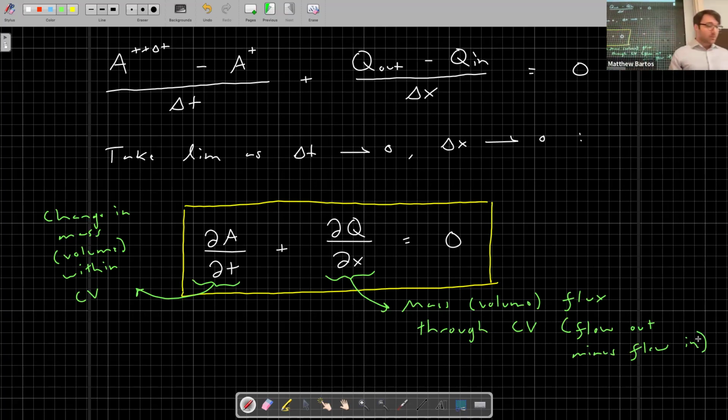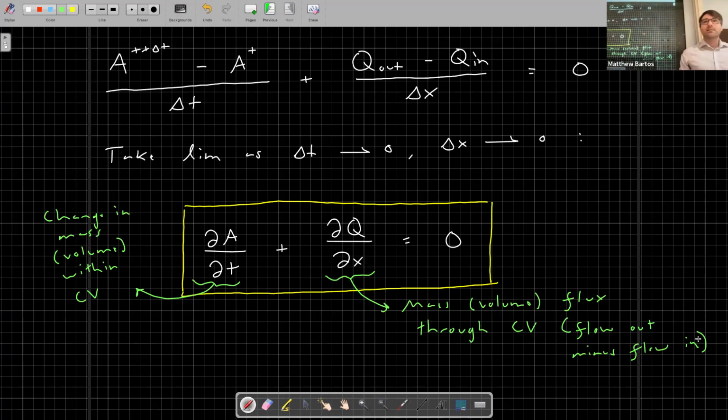So basically this equation states that the rate of change of fluid volume within our control volume has to equal the volumetric flow rate in minus the volumetric flow rate out. This is the most general equation for continuity, for conservation of mass. As I mentioned, this applies to both pressurized pipe flow and open channel flow.